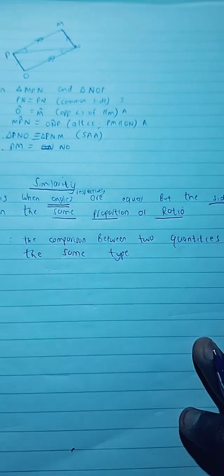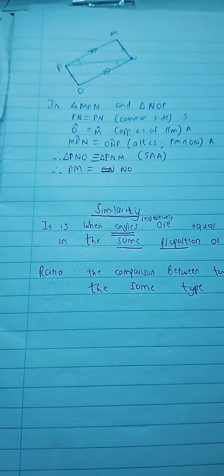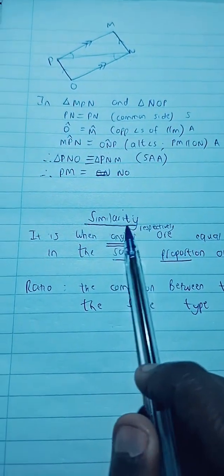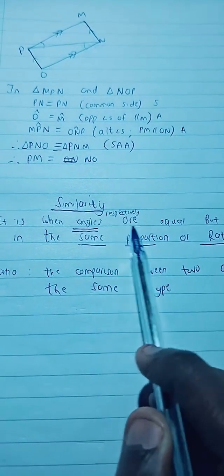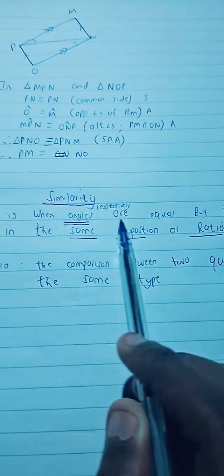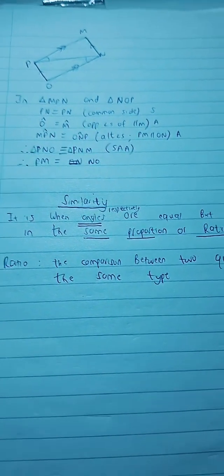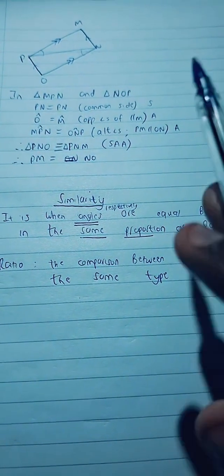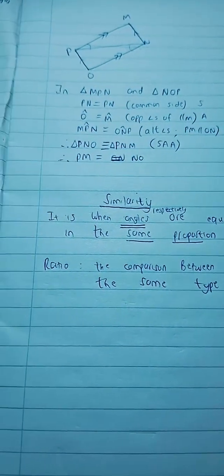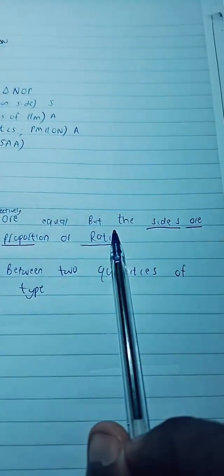That is what ratio is. So let's go back. What is similarity? It is when angles respectively are equal. No one will misunderstand this part, because if angles are equal respectively for a particular shape, that's very straightforward. But here's the idea now.